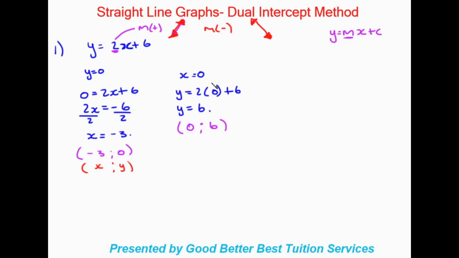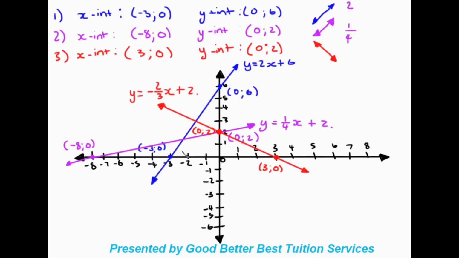Then we're going to solve for the y-intercept, making x equal to 0. Once we've done that, we head over to our graph and start plotting. We find the first point, we find the second point, then we draw a line in, we identify what these points are, and then we identify which graph we're doing by putting in the equation of that straight line.